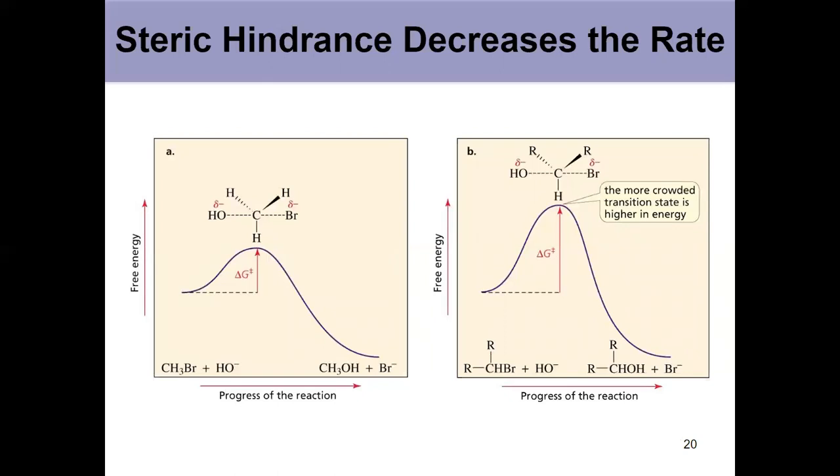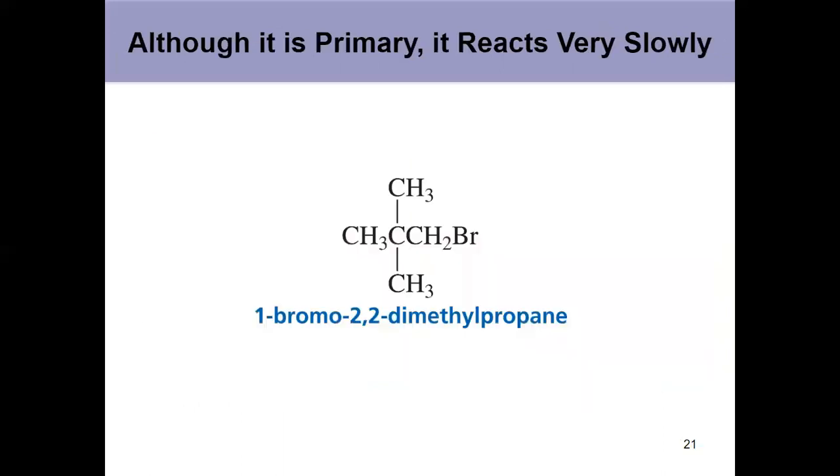Both the number of the substituents is important, but so is the size of the substituents. Looking at primary, secondary, tertiary is one thing, but also the size of the alkyl substituents themselves. Take this alkyl halide, for example. It's a primary alkyl halide because the bromine is attached to a carbon that's attached to just one other carbon.